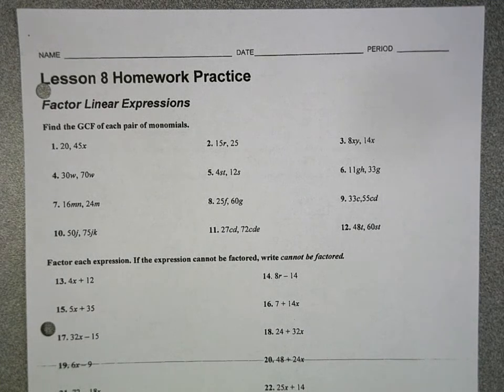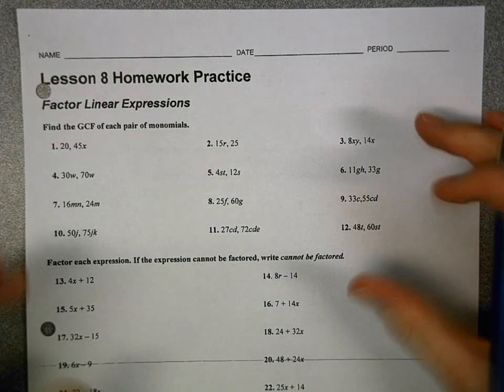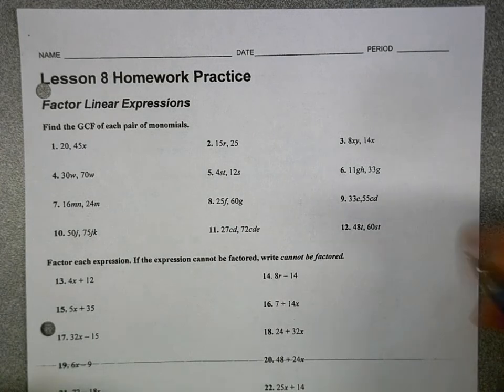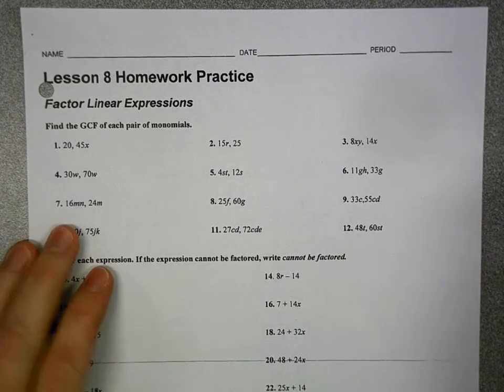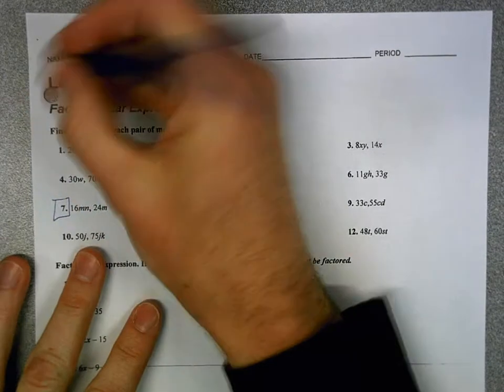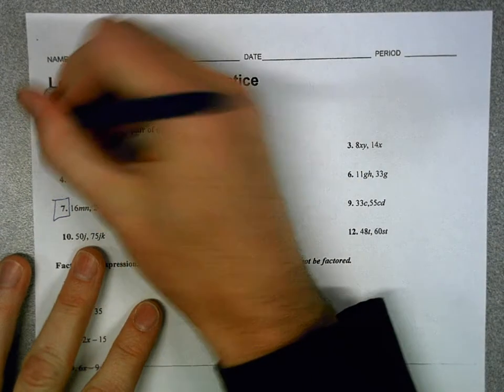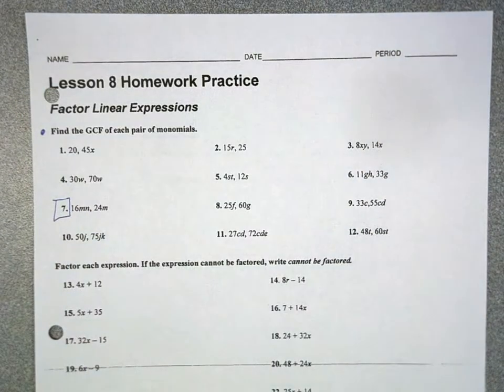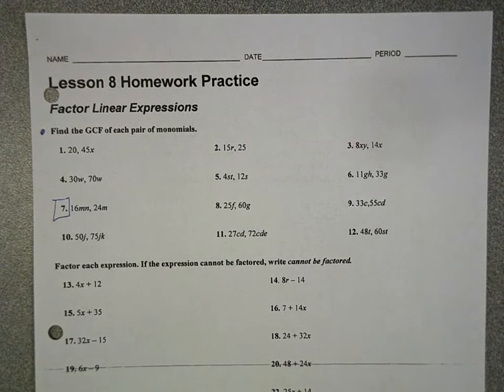Okay, let's focus in on the top of this worksheet first, because we're going to start by doing problem number 7. Before we do 7, I want to take a look at the directions up here. Let's read the directions really quickly. It says, find the GCF of each pair of monomials.